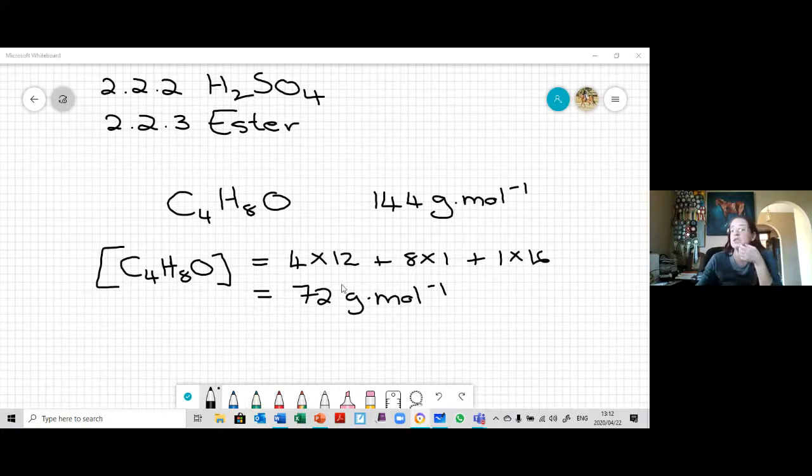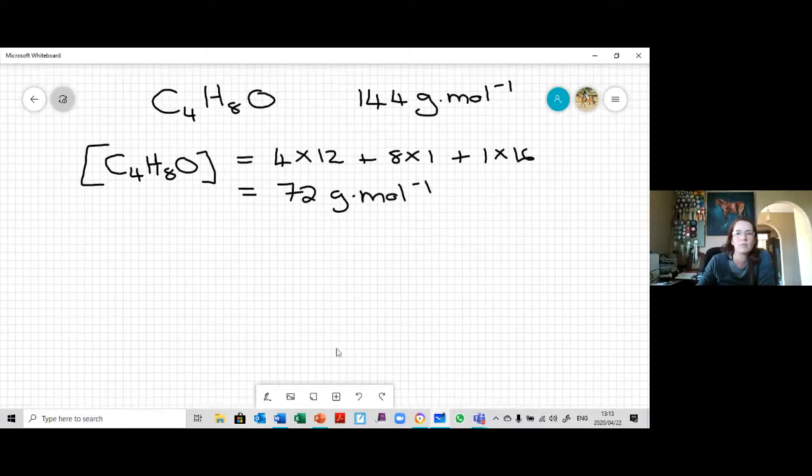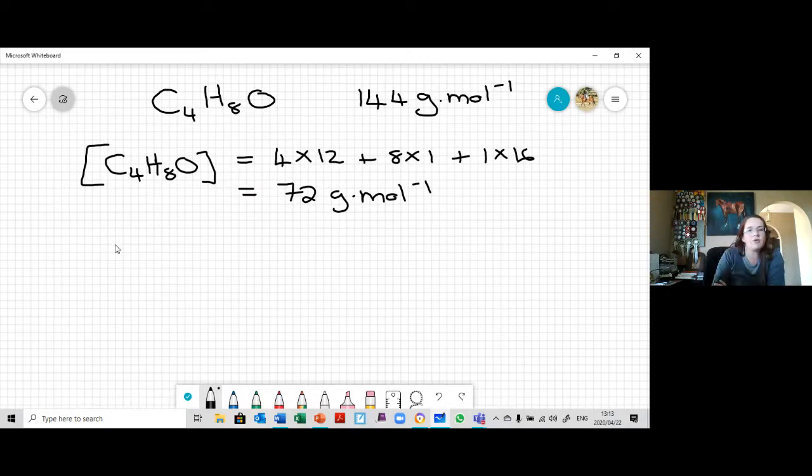Okay, it's not different, it's a whole multiple. So 2, 3, 4, 5, something like that. Okay. So what I do then to calculate how many times I need to multiply this empirical formula to get to 144, I say 144 divide by 72. And luckily that gives us 2.